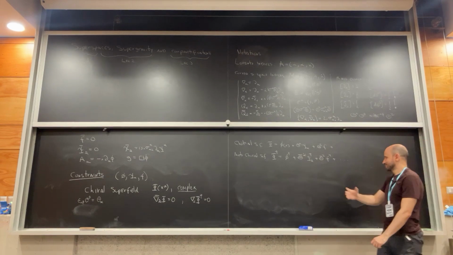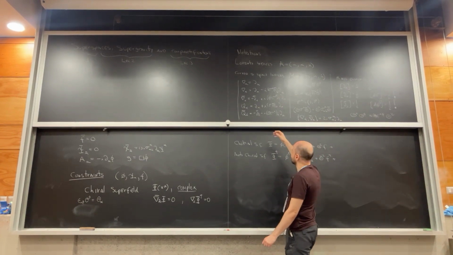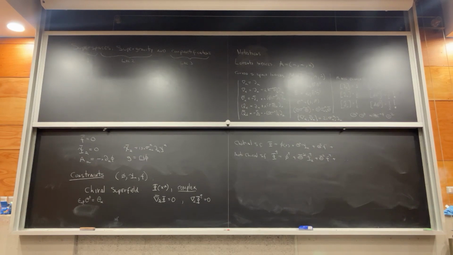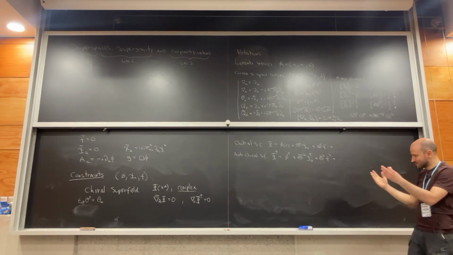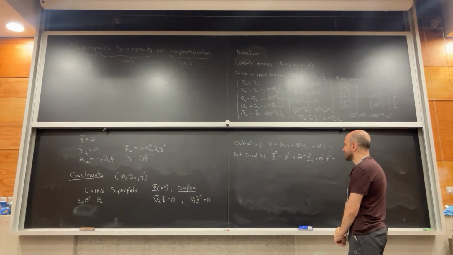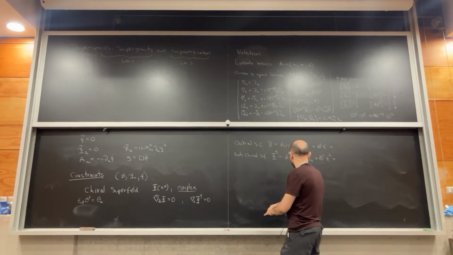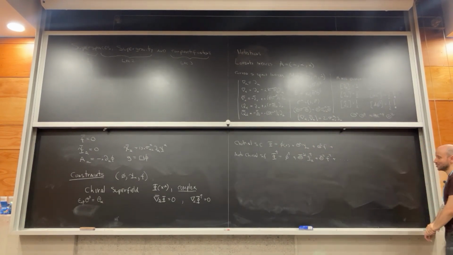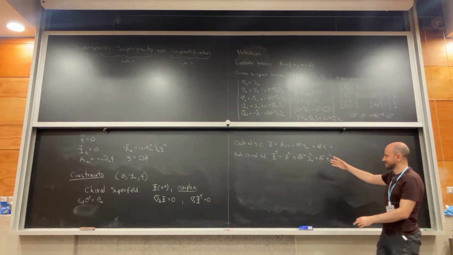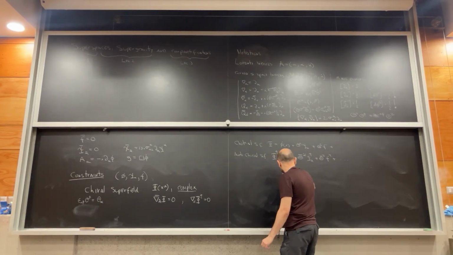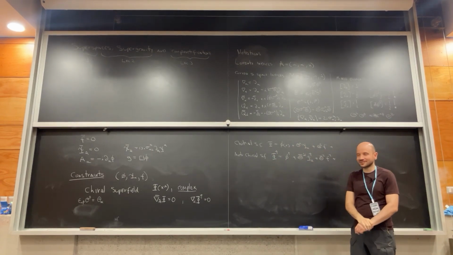Now, somebody should be asking, so where are the supersymmetry transformations? Because I want to have a theory that's supersymmetric, but up to now I'm just writing stuff in superspace that seems very abstract, or it is very abstract, and writing these components. So now I can start looking for what exactly the supersymmetry transformations are.